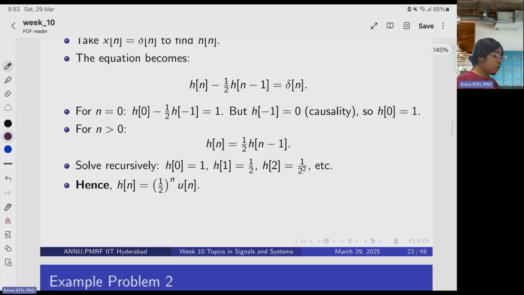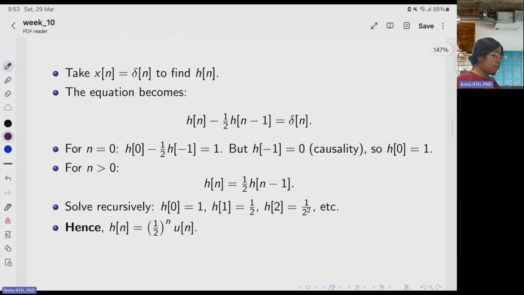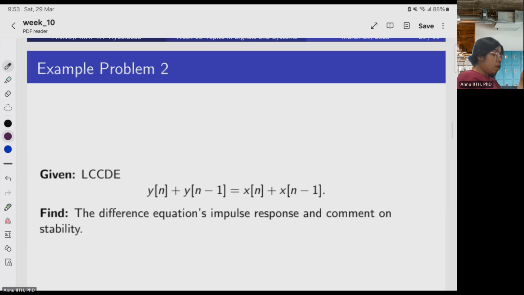So we have h of n is equal to 1 by 2 power n. Steps are executed. Moving to the second question, how to solve it?